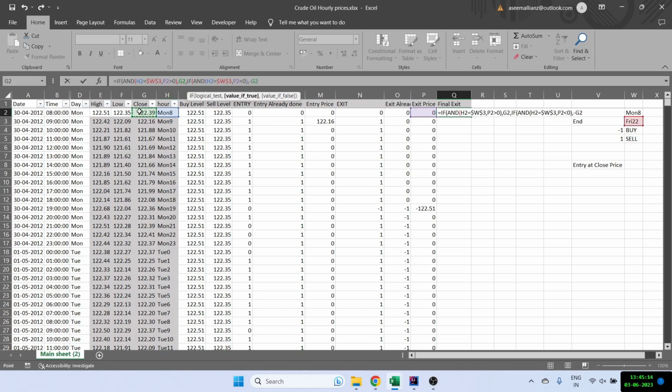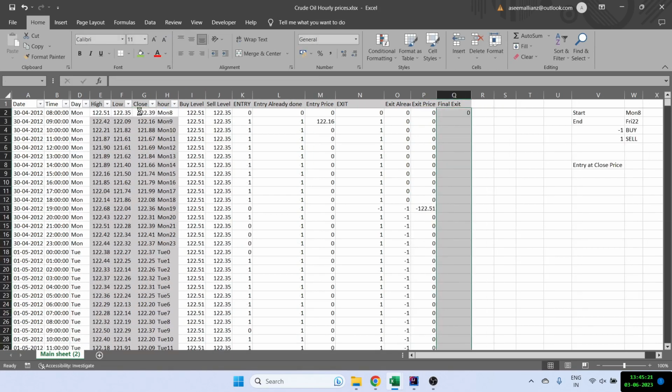Basically I just want to exit at the closing price, that's all I want to do. Otherwise it will be the normal exit, which is P2. And let's check. So yes, it has given us the exit.